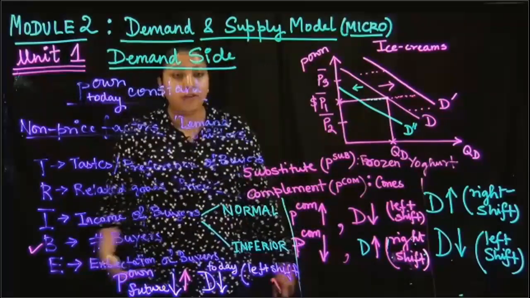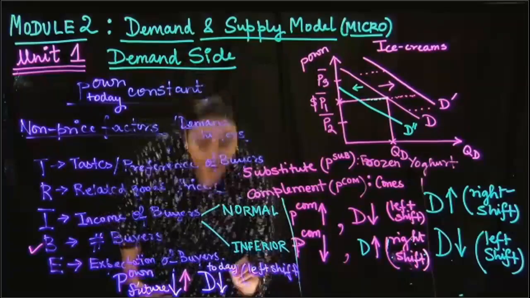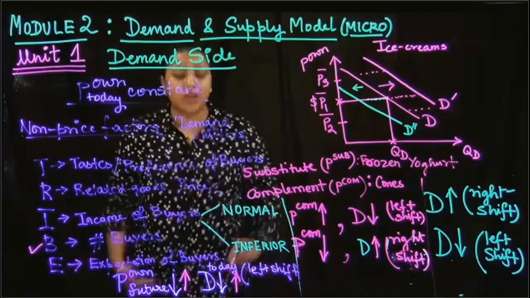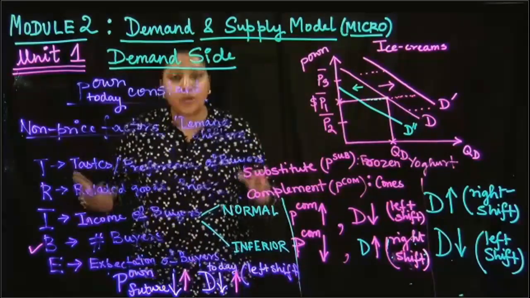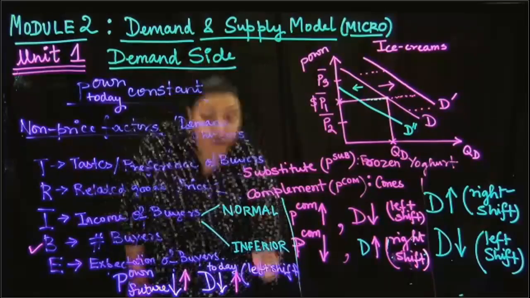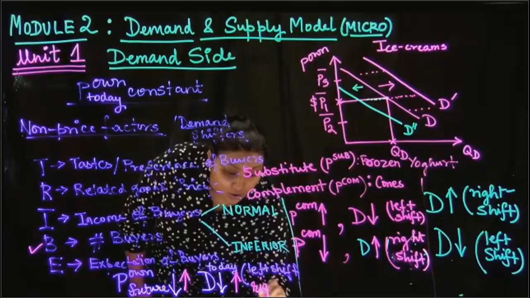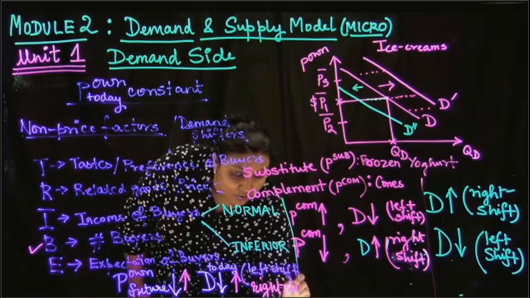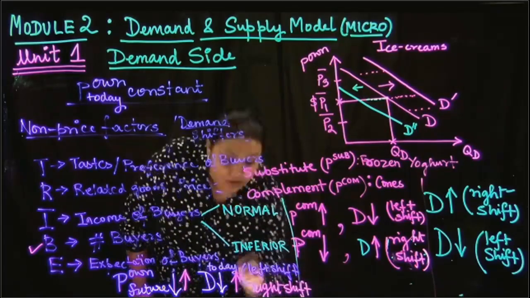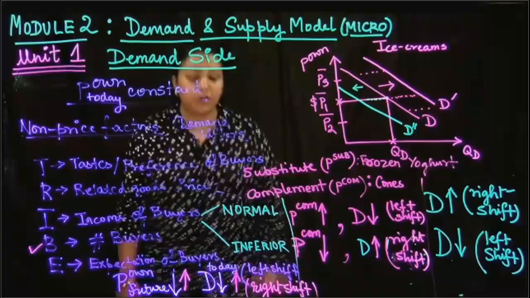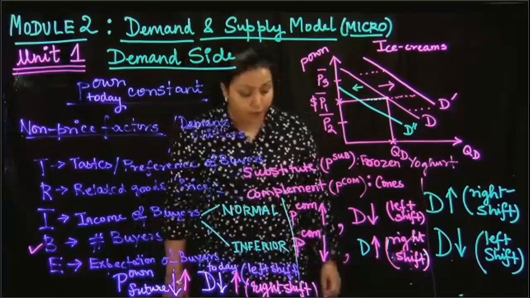I just want to buy everything now, right? So my demand today is going to be higher because I would rather buy it now when the prices are relatively cheaper than wait longer when the prices actually rise. So my demand today is going to increase, and that would be represented through a right shift of the demand curve.